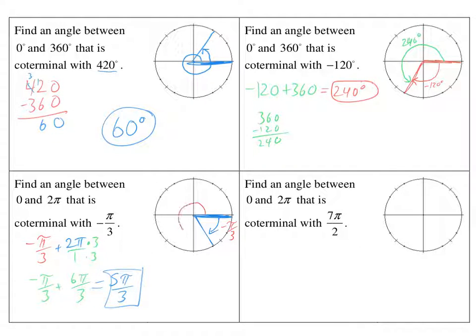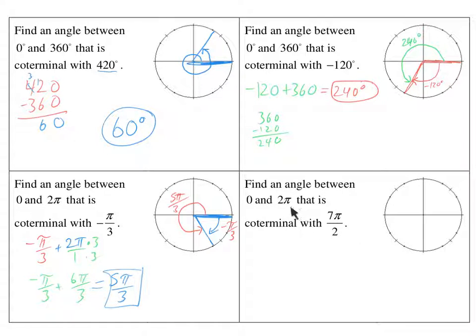Or you could go around this way and call that 5 pi over 3. So if you go around, it's 5 pi over 3, but if you go under, it's negative pi over 3. These two are coterminal. They terminate at the same place. But this is in the interval I am asking for.